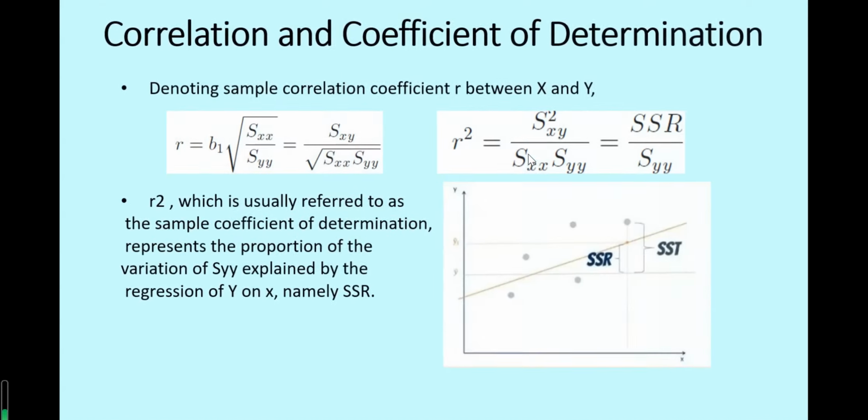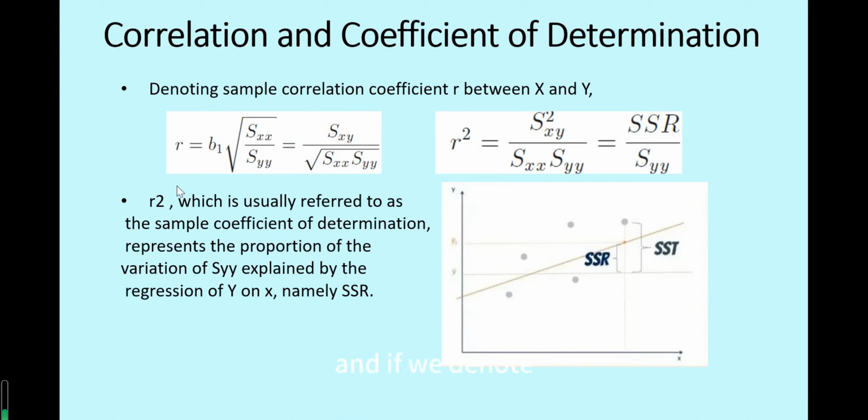If we denote R as the correlation coefficient, we just change the alphabet. R is the same as the correlation coefficient. There is another equation: its value is Sxy divided by the square root of Sxx times Syy.